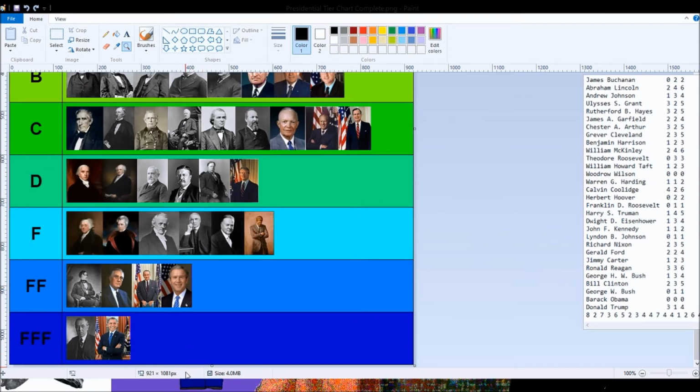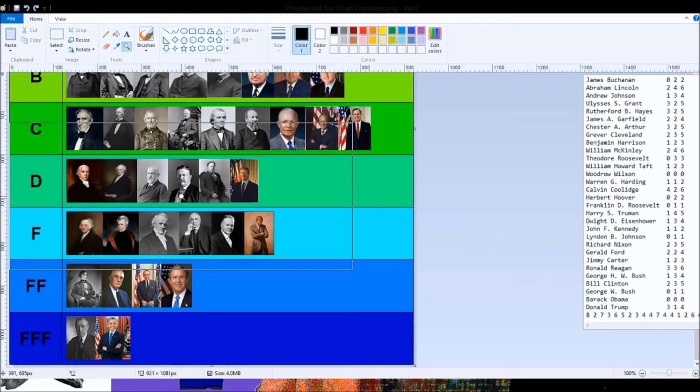Theodore Roosevelt, from me, he gets a 0 in domestic policy and a 3 in foreign policy. I really don't like the progressive policies, to be honest. I think that they're very bad, and ultimately, economically, are partially at fault for many of the economic troubles that the United States is in now, as well as some social issues as well.